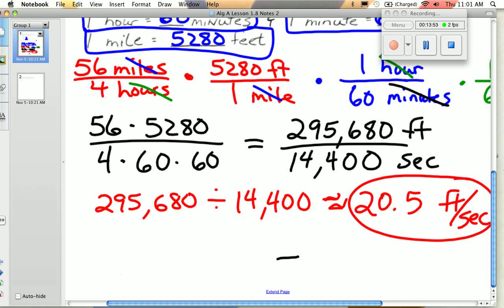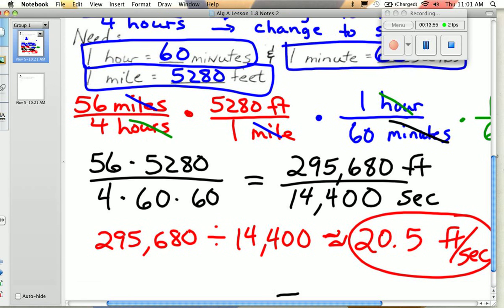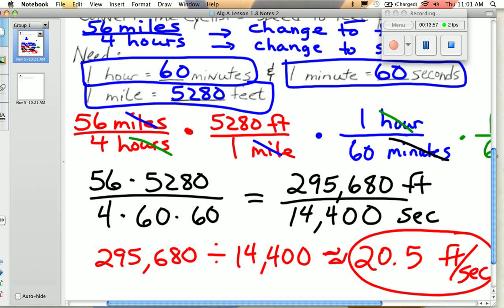Okay. If it would have been miles per hour, how fast would that have been? If that's all we would have had to find is miles per hour, can anybody tell me what it would have been? 56 miles in 4 hours.